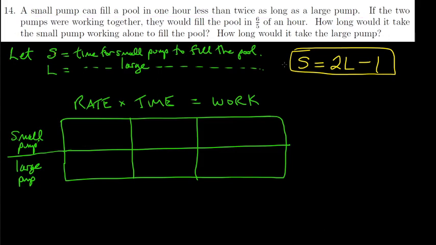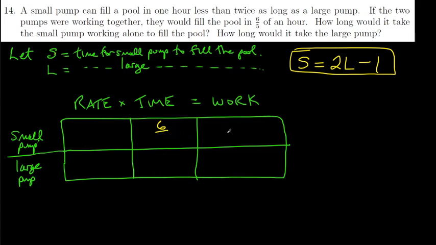Okay, now what? If the 2 pumps were working together, they would fill the pool in 6/5 of an hour. So yeah, the amount of time for both would be 6/5 of an hour. So that's the time. Let's just write 6/5 here. Or if you like, you can write 1.2.